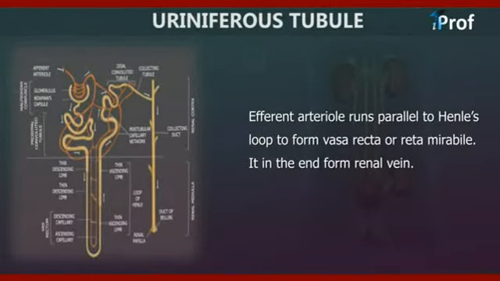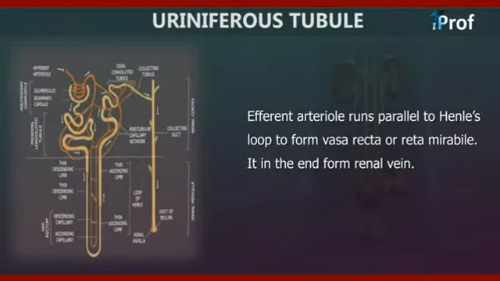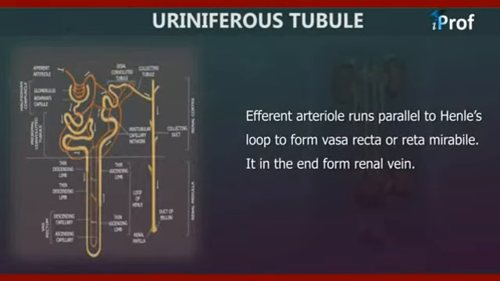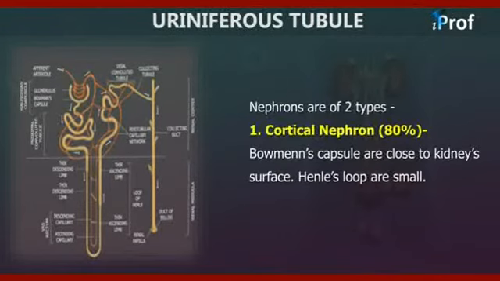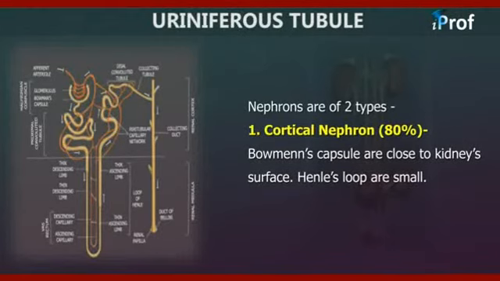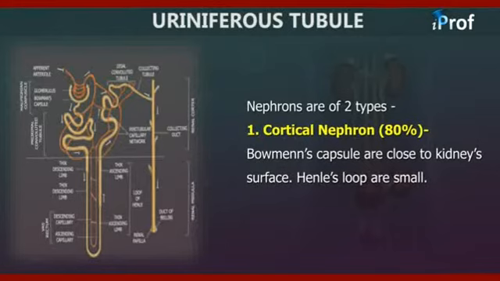Efferent arterioles run parallel to Henle's loop to form vasa recta. It in the end forms renal vein. Nephrons are two types. First of all, cortical nephrons. Approximately 80% present.